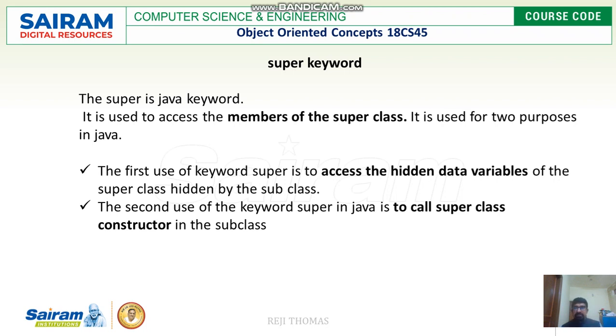Let me repeat. There are two uses for this super keyword. One is to access the hidden data variable in the superclass, because there are cases where the subclass or the child class can hide the data member in the superclass. If you want to access it, we can make use of the super.